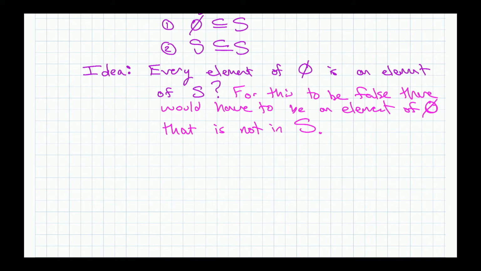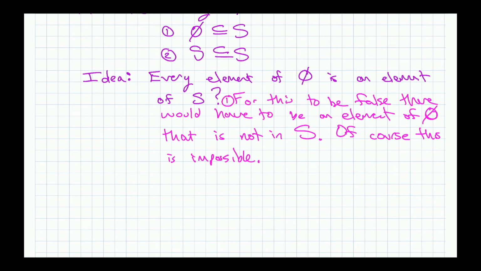There's no elements of the empty set that are not in S because there are no elements of the empty set. So, of course, this is impossible. So that's kind of for that first one there.